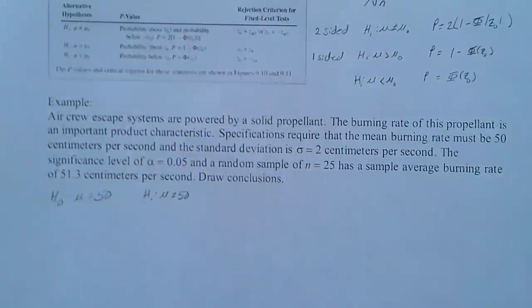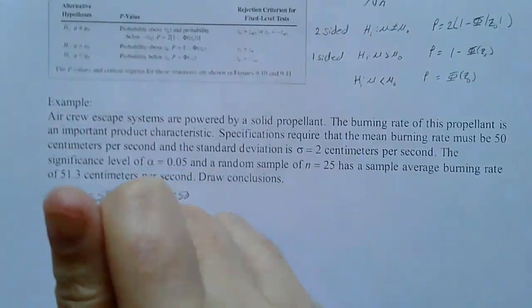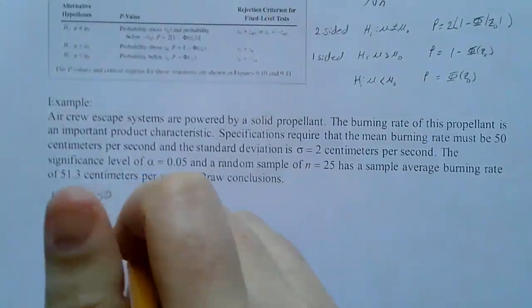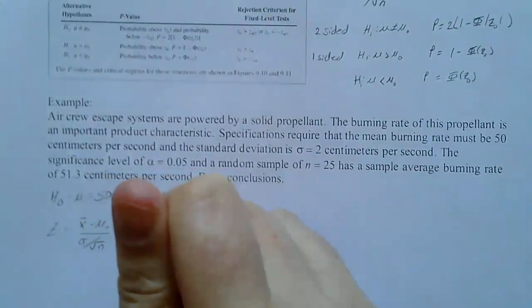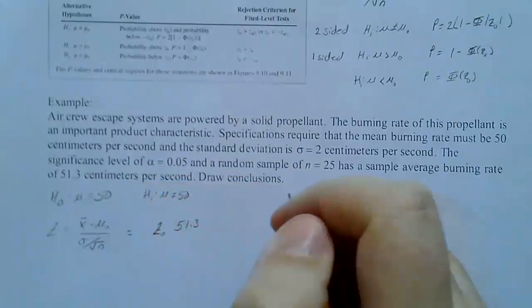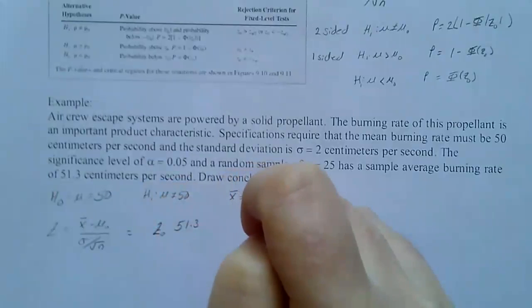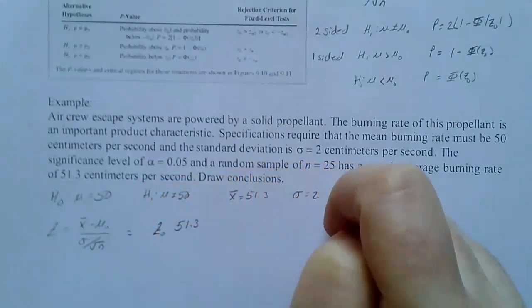And because we know that we're looking at a normal distribution that has been given to us, we are going to use our z-test statistic, and it is equal to the sample mean minus that mu naught divided by the standard deviation over the square root of n. And we're going to calculate that. For this case, x bar is equal to 51.3, sigma is 2, n is 25.